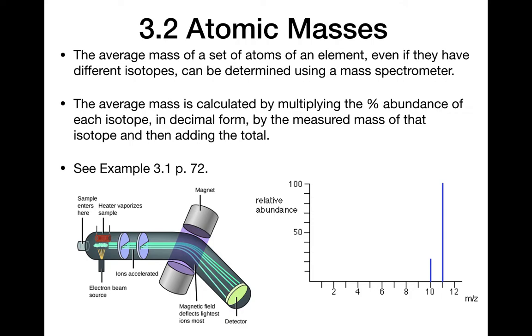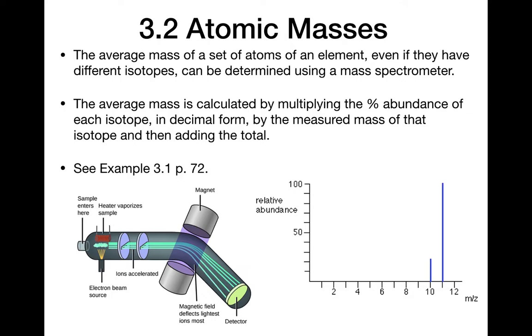These charged plates have holes or slits in them that allow those ions to move through, and once they get through 2 of those plates with their positions aligned, they'll be very much in a straight line. Then once they hit the magnetic field, they're deflected. The lightest ions are deflected the most, and the heaviest are deflected the least. And so the detector can not only measure their mass by where they strike on the detector, but can also measure their relative abundance by the strength of the signal.